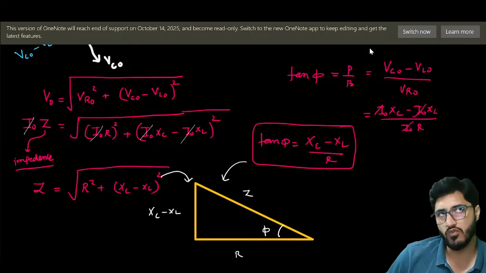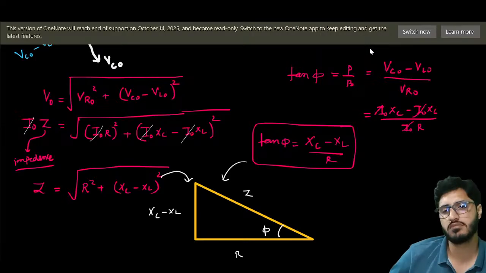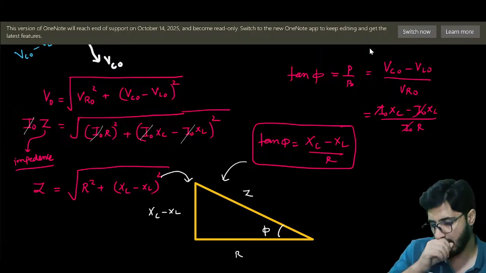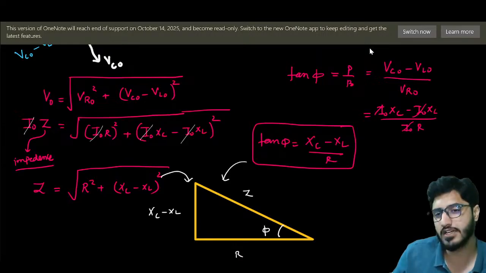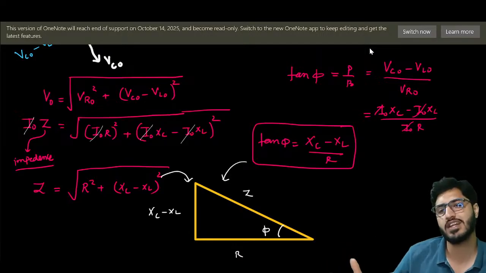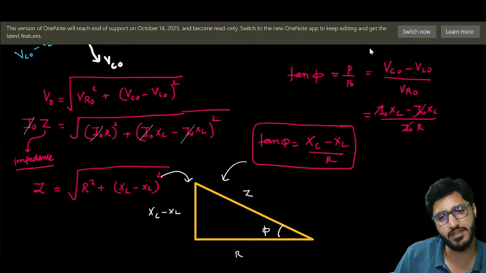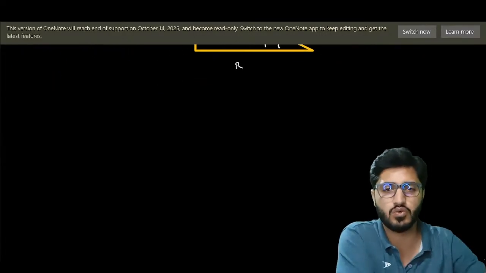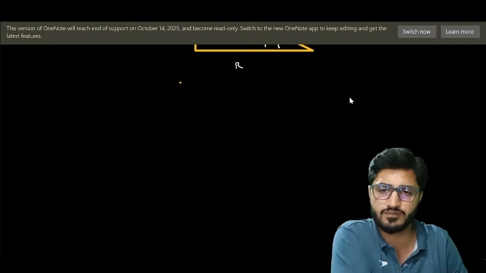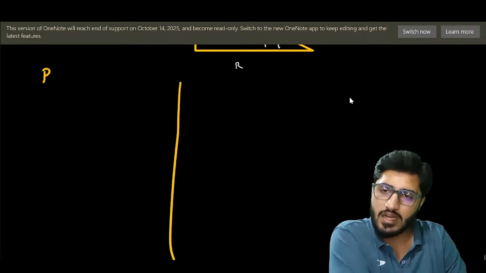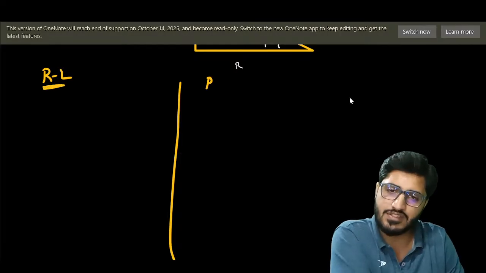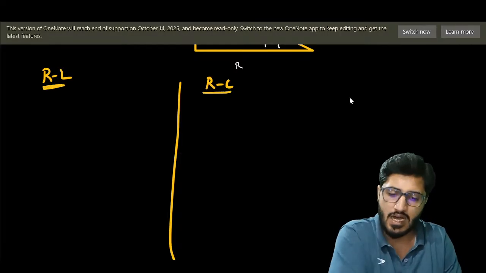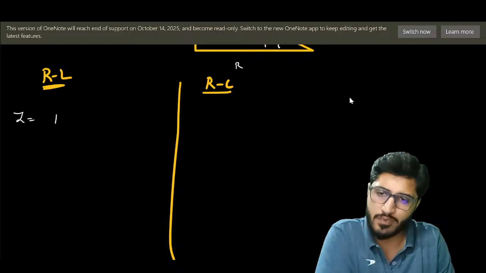Now, we were talking about a circuit in which a resistance, an inductor and a capacitor, all these three were present. Now we will talk about two things: the RL circuit, then the RC circuit. In the RL circuit, Z will be the root of R square plus XL square.